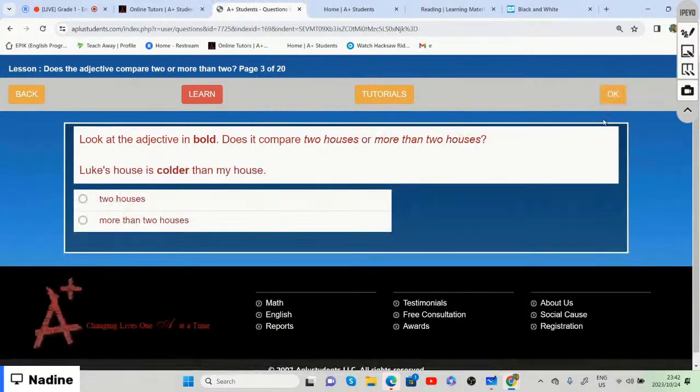Luke's house is colder than my house. Are we comparing two houses or more than two houses? Colder.